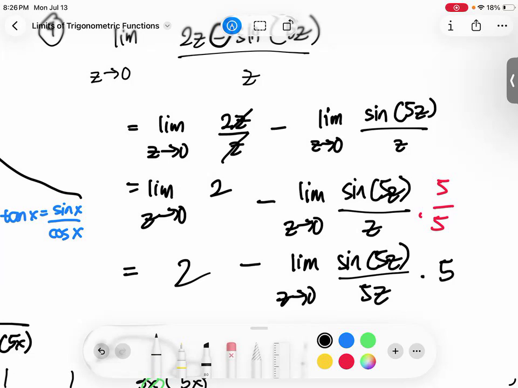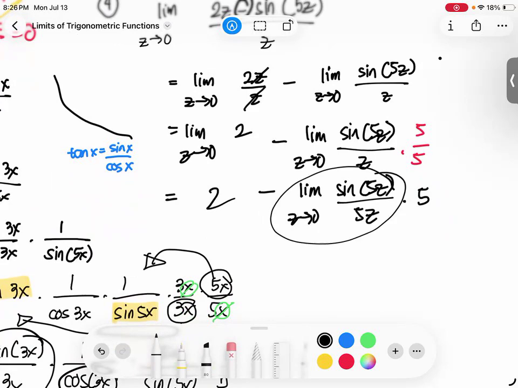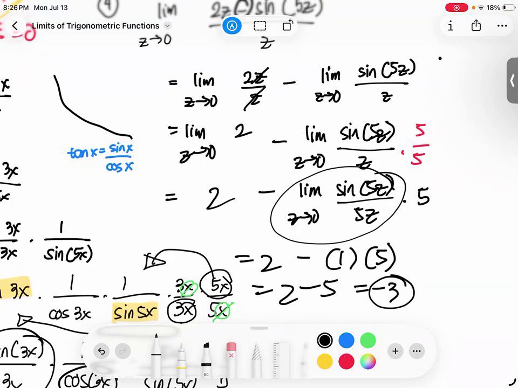This limit for the second term is just 1 times 5. Sine of 5z over 5z's limit is 1. So we have 2 minus 5. The limit is negative 3. Therefore, the limit of this expression is negative 3.